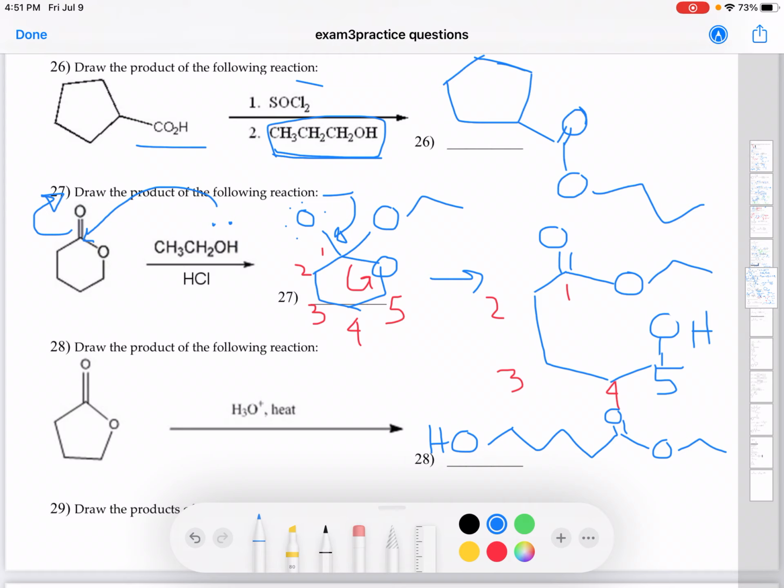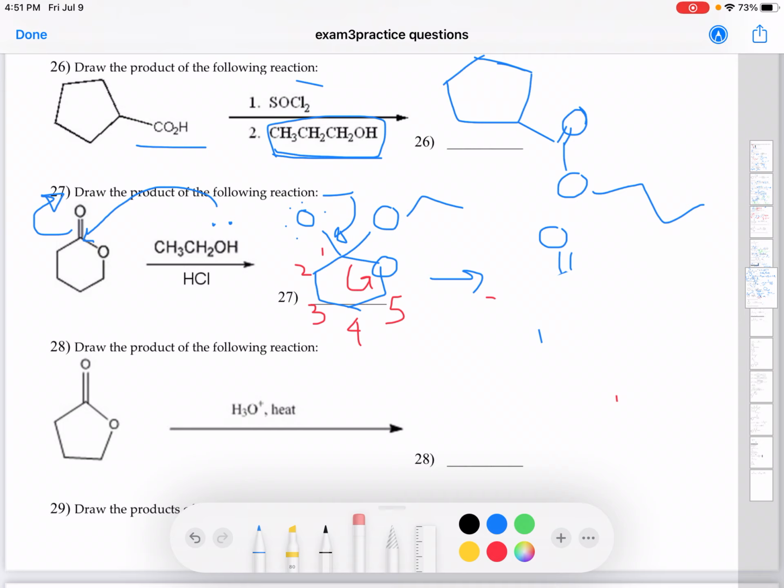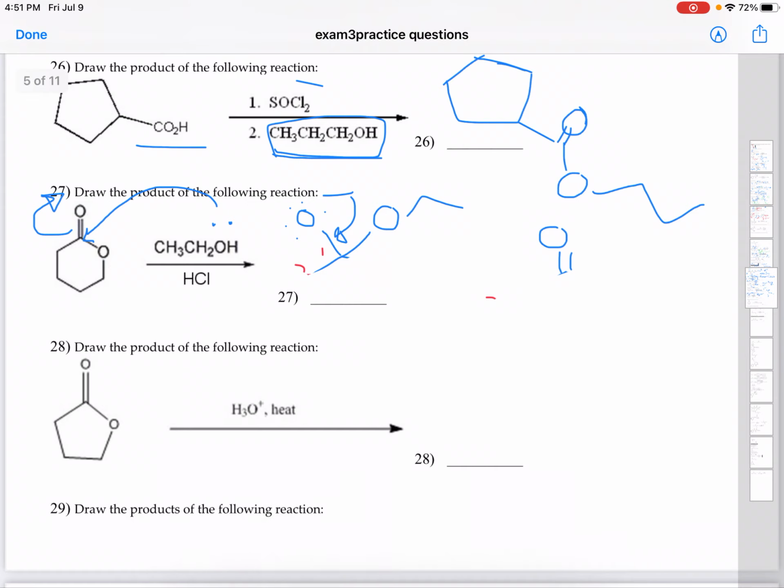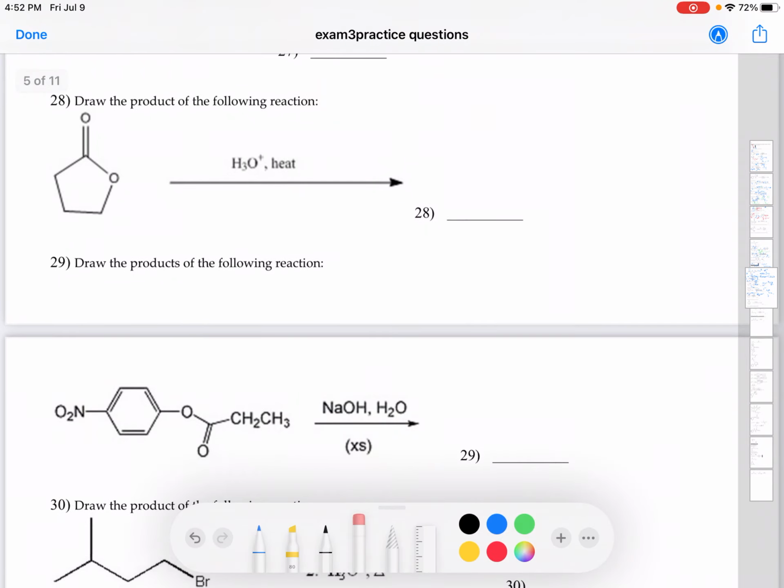And number 28, draw the product of the following reaction. Again, this one is hydrolysis of an ester. How do we hydrolyze an ester? Okay, let's see. Number 28. When you heat it up with water in the acidic medium, this carbonyl group will first get protonated.